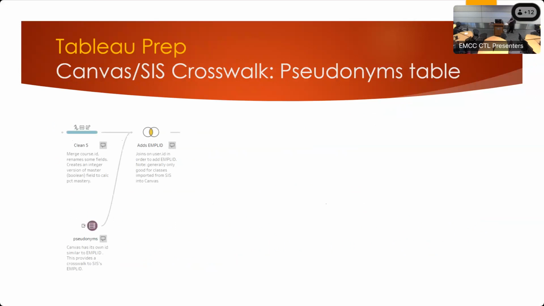I mentioned template is not in Canvas, at least I didn't think so for a while. So I found the pseudonyms table. Canvas has a field they use in multiple tables when it's talking about an individual student called user ID, or value user ID. It's in classes because they want to know what students are in what class.